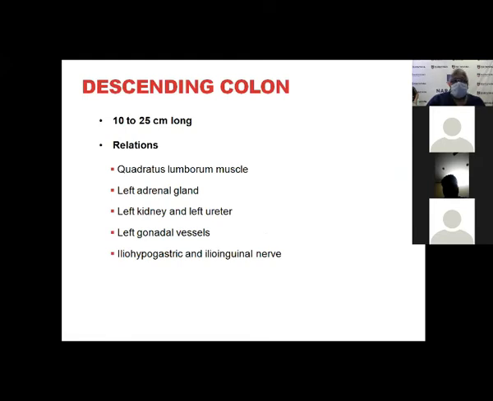Then comes the descending colon, which is 10 to 25 centimeters long. Relations: if you carefully look, on the right side it is immediately related to the psoas. But on the left side, the relations are the quadratus lumborum, left adrenal gland, left kidney, left ureter, left gonadal vessels, iliohypogastric and ilioinguinal nerves lower down.